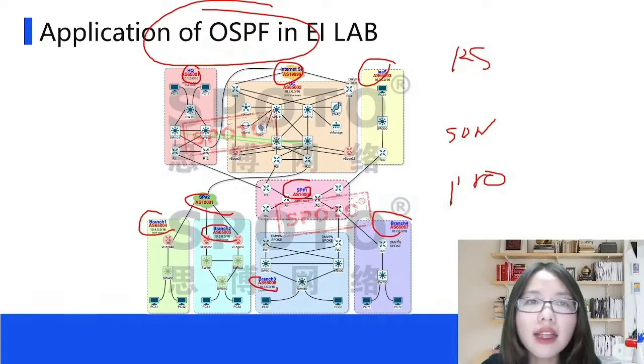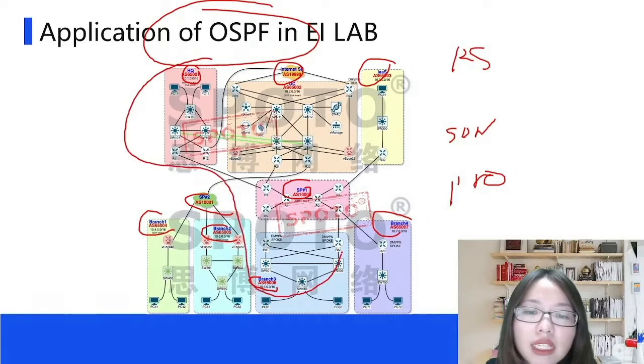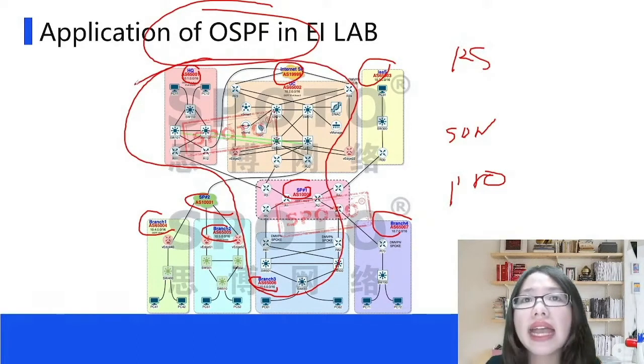Among them, this module is mainly the routing and switching part, which first realizes whole network communication, including OSPF, EIGRP, MPLS, BGP, DMVPN, and other technologies.